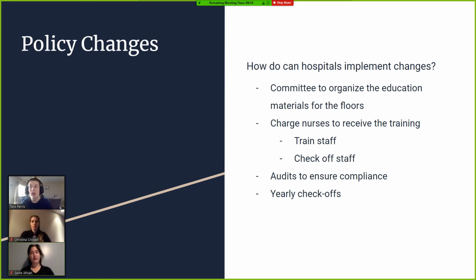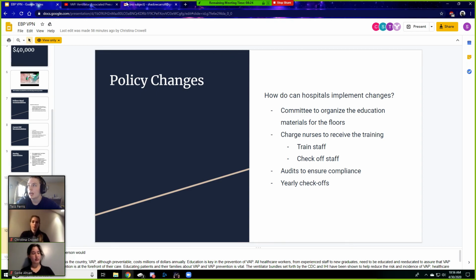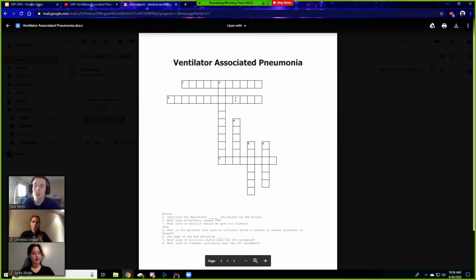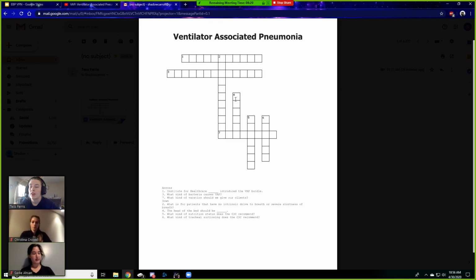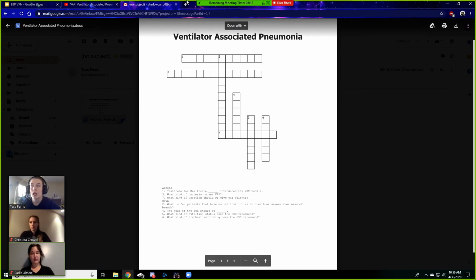And then for our interactive piece of this, I have made a little crossword puzzle that if you guys want to further your education or to quiz yourselves on what we have taught y'all, you can go.